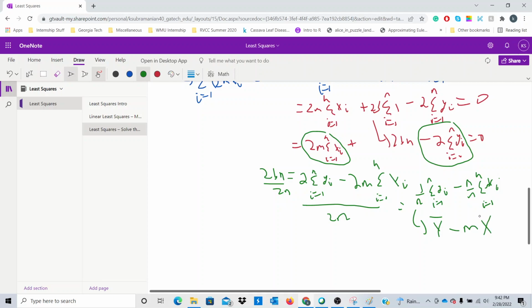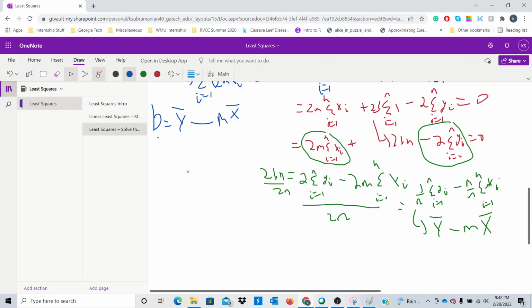So this is m times x bar. So basically, we have found that b equals y bar minus m times x bar, where m is your slope, y bar is the mean of the y values, and x bar is the mean of the x values.